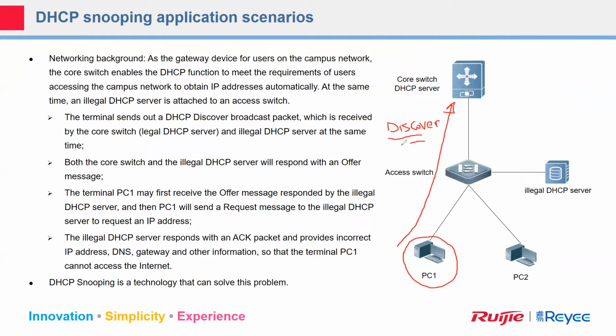So this is discovering, okay, which is received by the core switch, which is the legal DHCP server. The broadcast will be sent to this legal switch, and it will be sent to this illegal switch as well. And here is another discover.